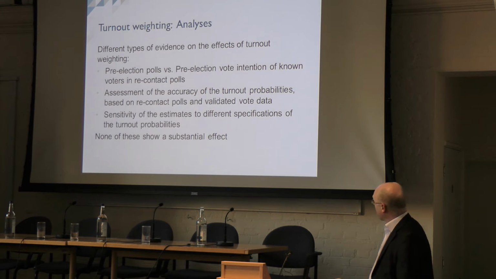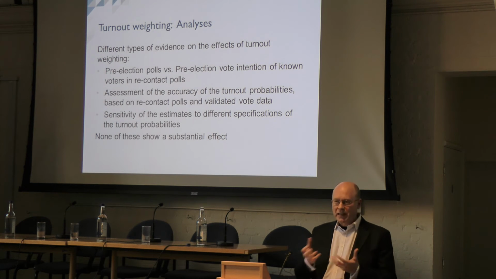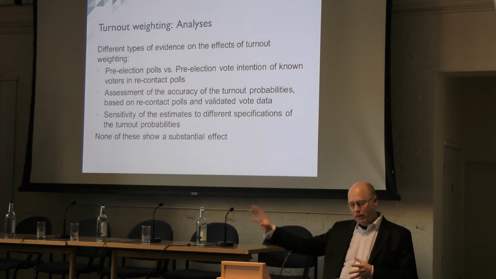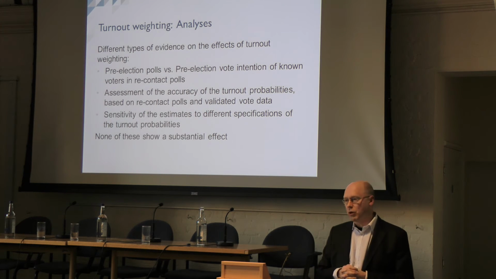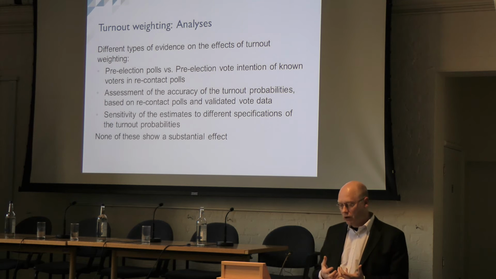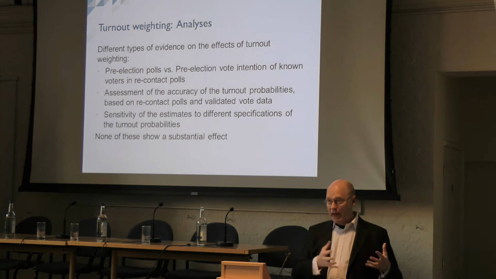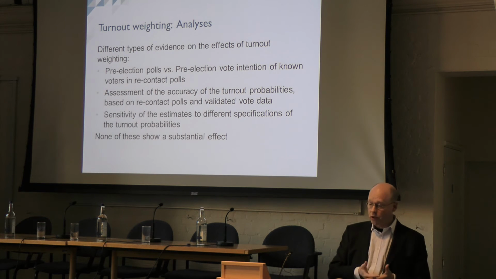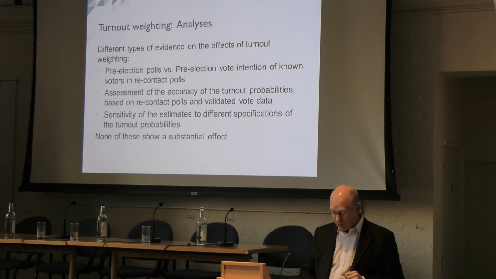The second kind of evidence we've looked at at some length is homing in on those probabilities themselves, basically looking at, again, either recontact polls or some data where you have validated vote, who actually voted, how voting turnout depends on various things and how that relates to the probabilities that were used. That's another line of argument.